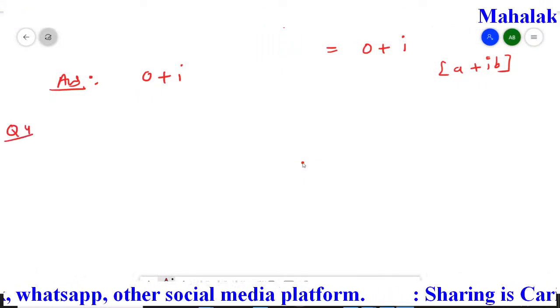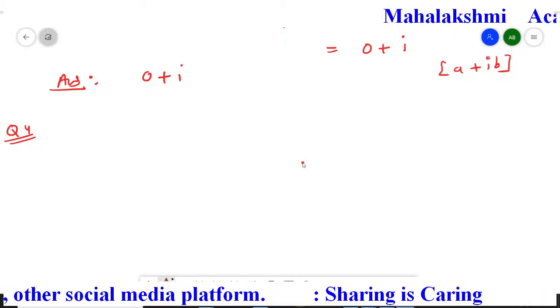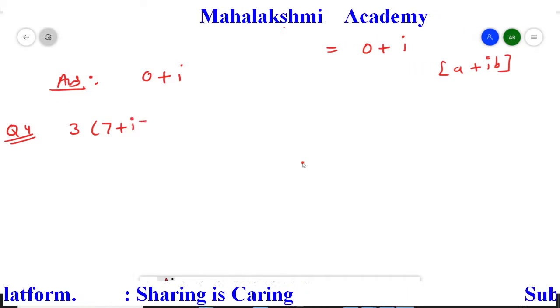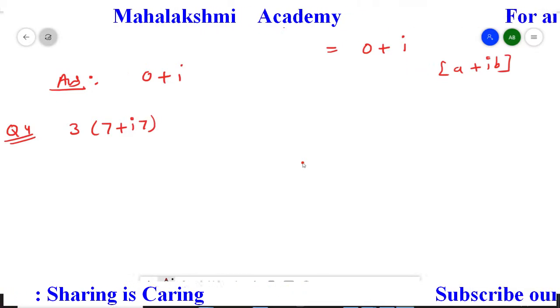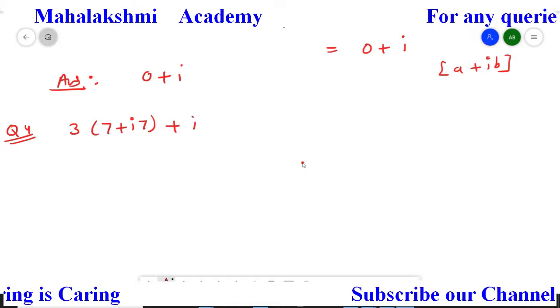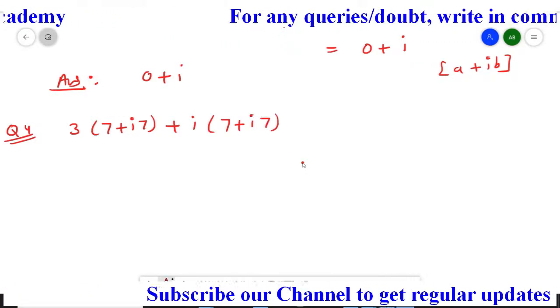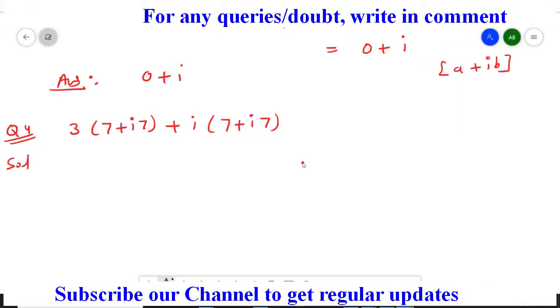Question 4 is different from these questions. Question 4 is 3 multiplied by 7 plus iota 7, then plus 3 iota 7 plus iota 7. So in this, simply you just open the bracket.